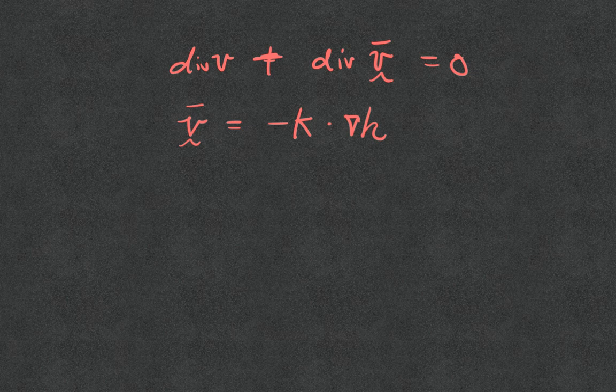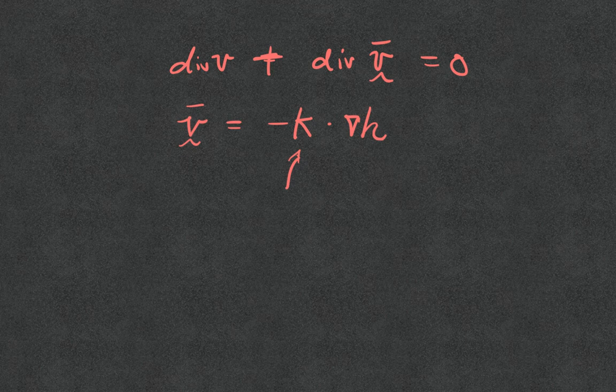Now the first question is, what is this k? K is called the hydraulic conductivity, and sometimes it's called permeability. In different literature you will find different names, but here we will simply refer to it as the permeability. Now notice that there's something interesting, there's a minus sign.